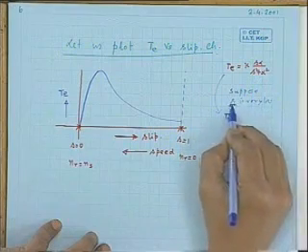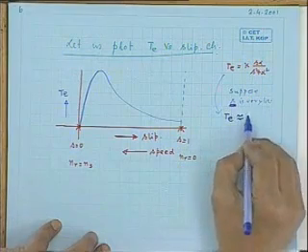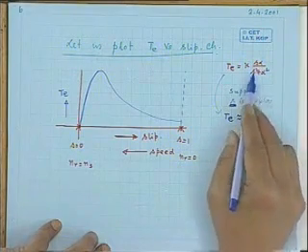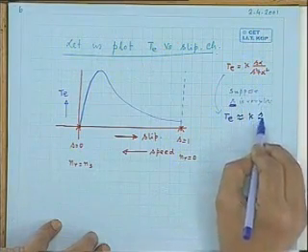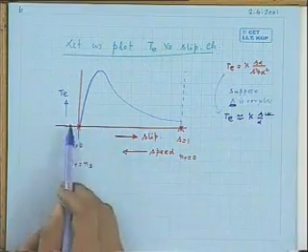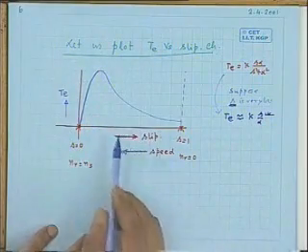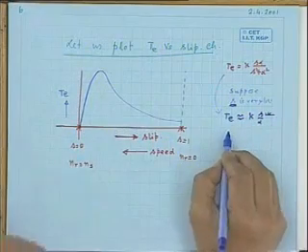You can neglect s square compared to alpha square if s is very low. Then T will become equal to K, and s square is negligible, so K s by alpha it is coming. So it is directly proportional to slip. So that explains this straight line portion in the initial part.